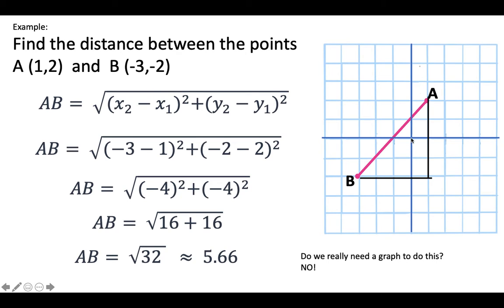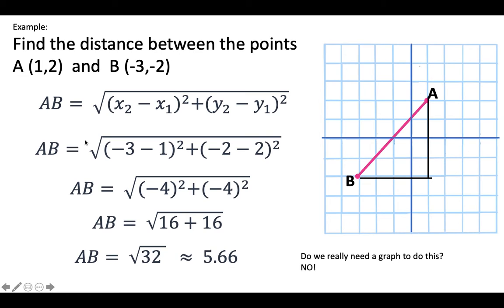Let's take a look. -3, backwards 3, -2, down 2. So here's B. Well, what's the distance? Well, can we make a triangle out of it? Well, sure. So we could use the Pythagorean theorem on it. How far is the side-to-side movement? How far is the up and down movement? And that'll give us, when we plug it into our formula, our distance. Even though we don't have a grid where we can perfectly count them, we can still know the distance.